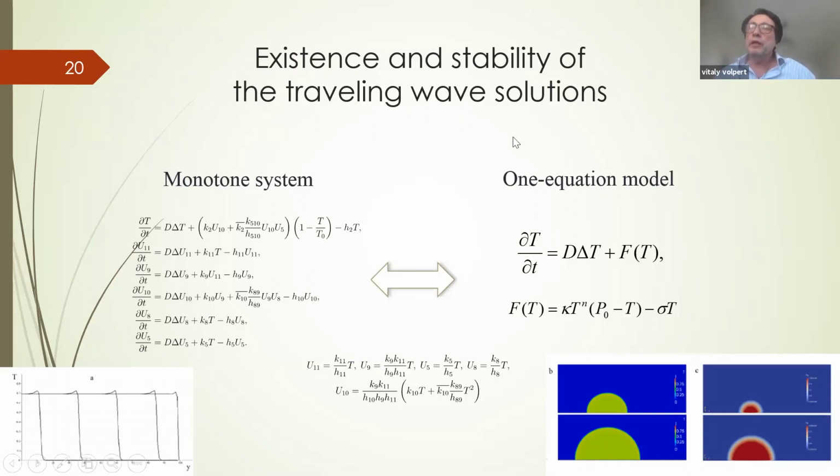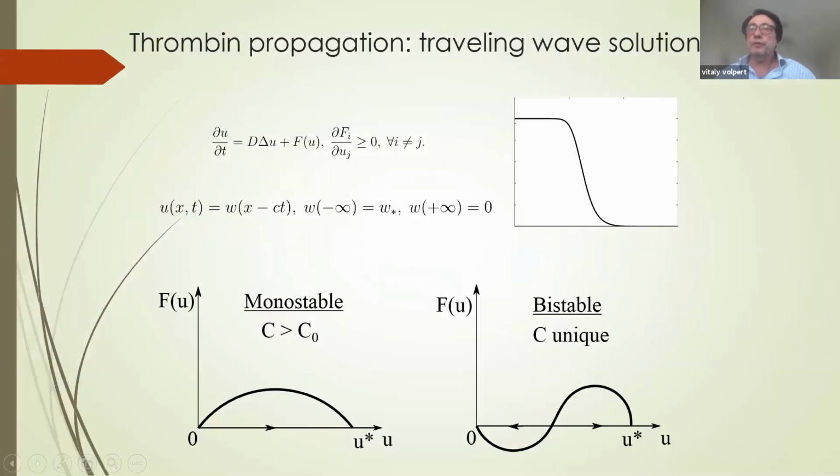And then if we simplify this model even more, we can reduce this system of equations to just one single equation for the thrombin concentration. And then it's easier to see that, as before, we can consider the monostable case and the bistable case.